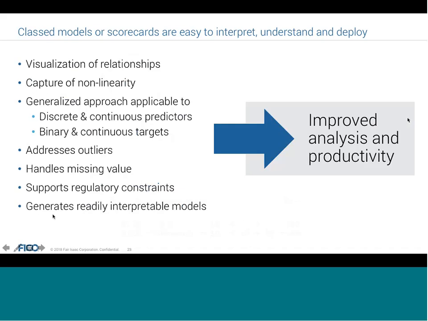Good. So just a quick recap. When we use the binned approach, we can visualize the relationships, especially helpful when we are dealing with a binary target. We can capture nonlinear relationships in the solution. And the generalized approach is beneficial on both the predictors, discrete and continuous, as well as targets, binary and continuous.